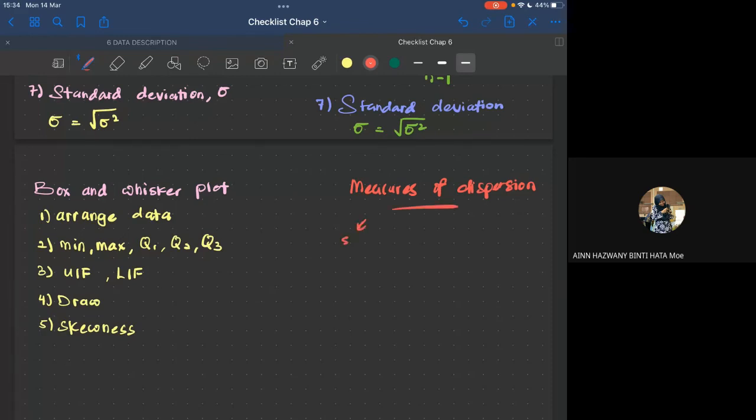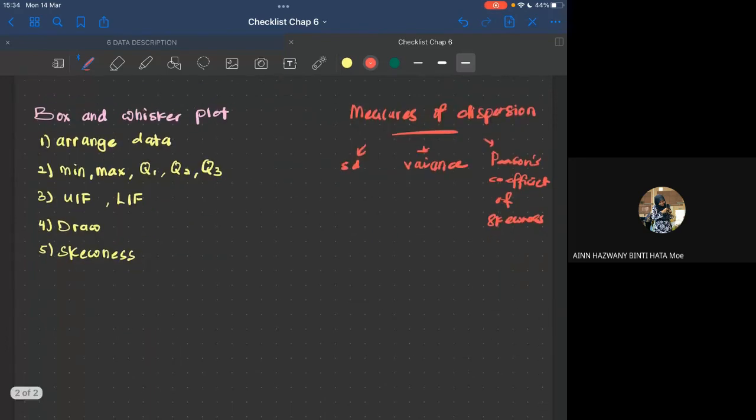Dia ada standard deviation, dia ada variance, ataupun Pearson's coefficient of skewness. So kita akan tengok 3 benda ni lah dalam chapter measures of dispersion ni, 6.3 ni.